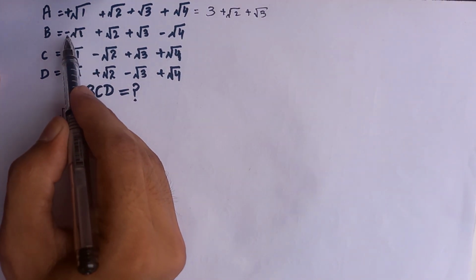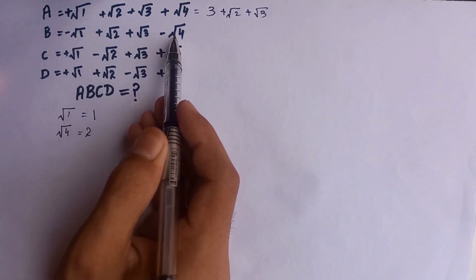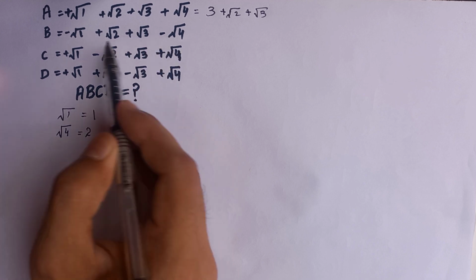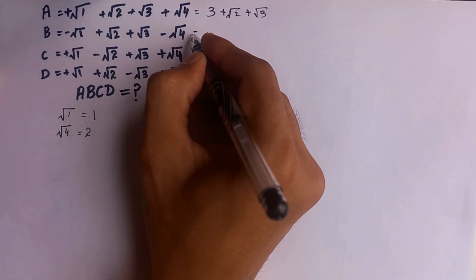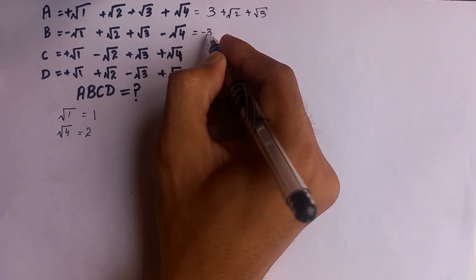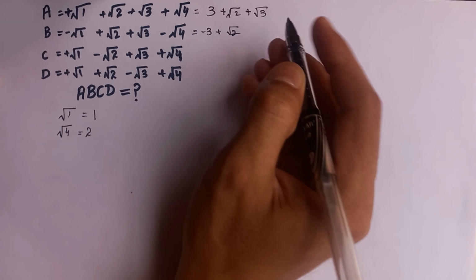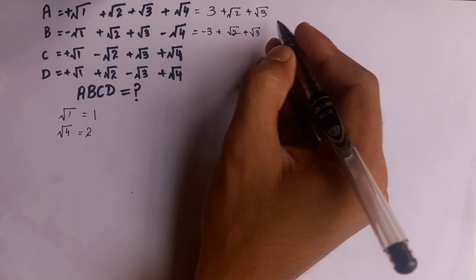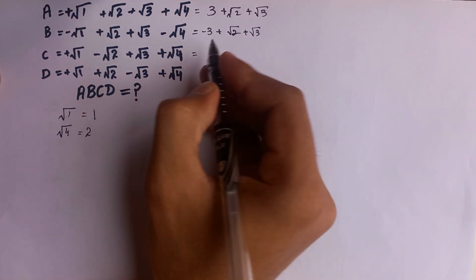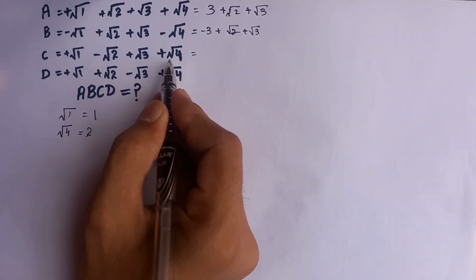Similarly, minus root 1 will be minus 1, minus root 4 will be minus 2. So minus 1 minus 2 will be minus 3 plus root 2 plus root 3. Now this is plus root 1, this is plus root 4. This will be 1, this will be 2.